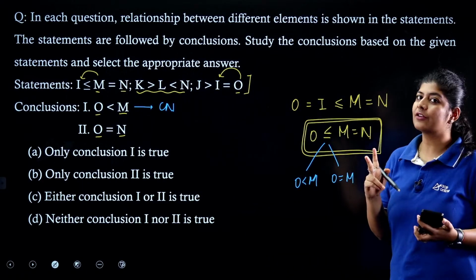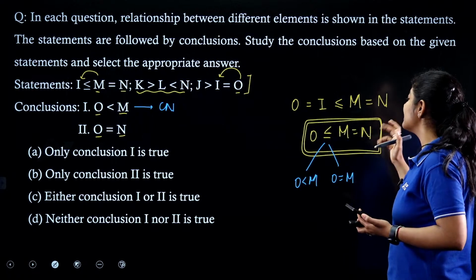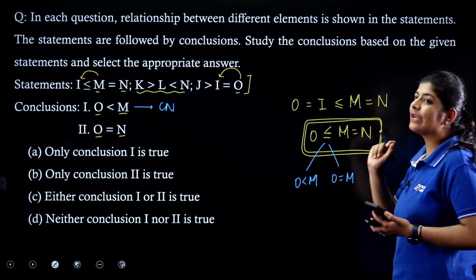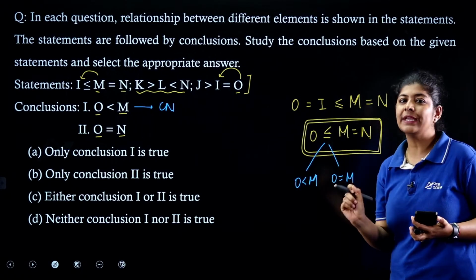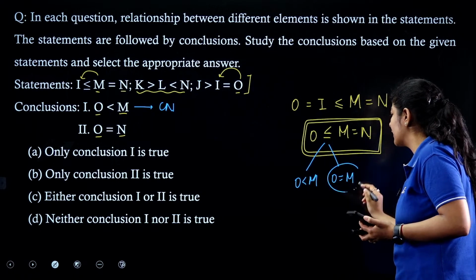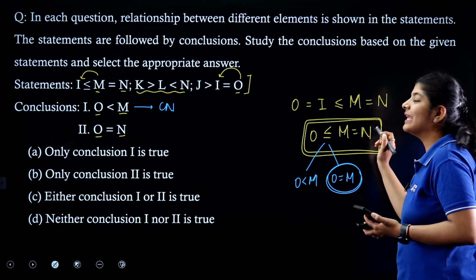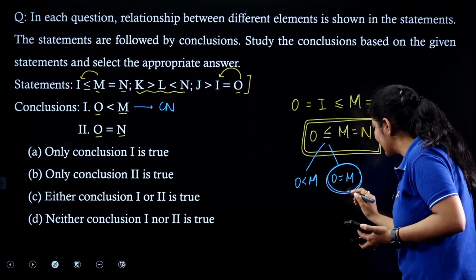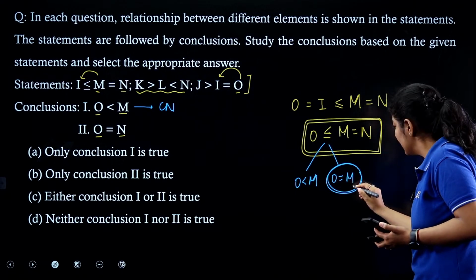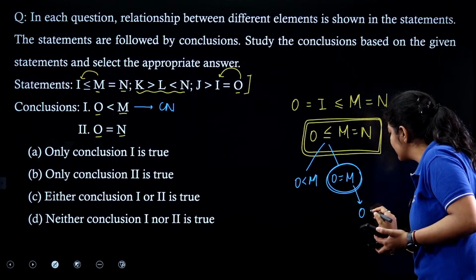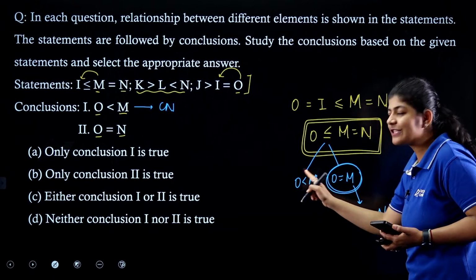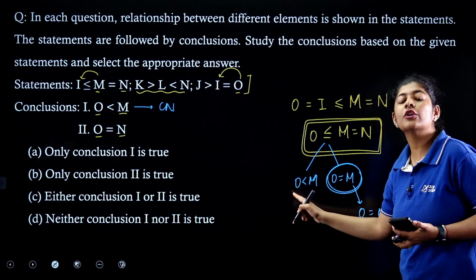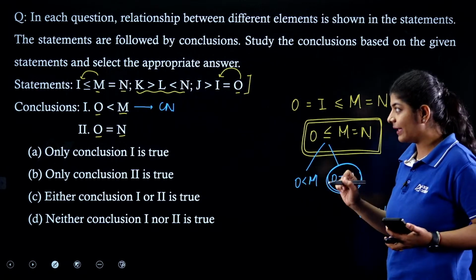Now the second conclusion is O is equal to N. O is equal to N will only happen if we are having this particular case, because M and N are equal. If this case does not happen, then we are not going to get O equal to N, right?